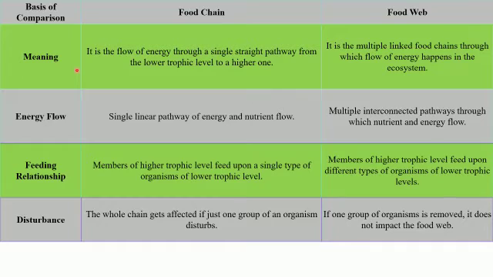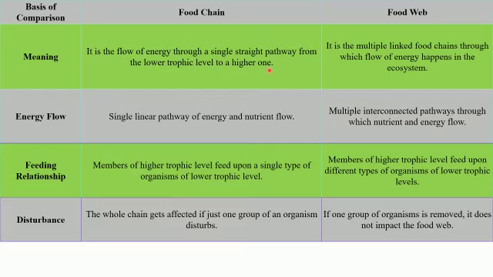Firstly, with respect to the meaning, a food chain is the flow of energy through a single straight pathway from the lower trophic level to the higher one. So if we begin from the producers, in the food chain that we saw in the previous slide, we had just one grasshopper, one frog, one snake and the eagle.